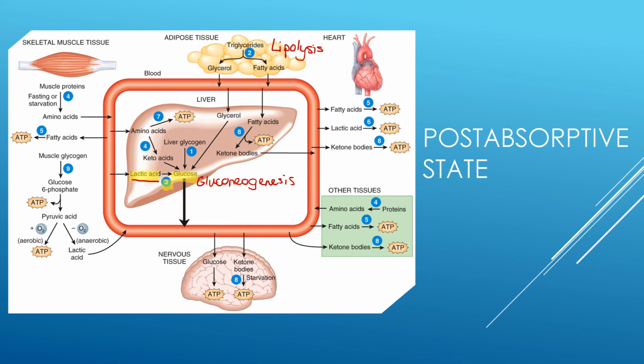Number 4 is also going to be gluconeogenesis, but it's going to be using amino acids. So we're going to get gluconeogenesis using amino acids in the skeletal muscle tissue, in the liver, and also in other tissues here.